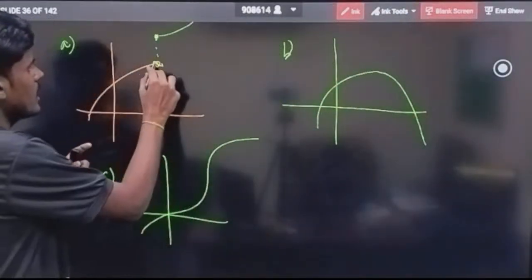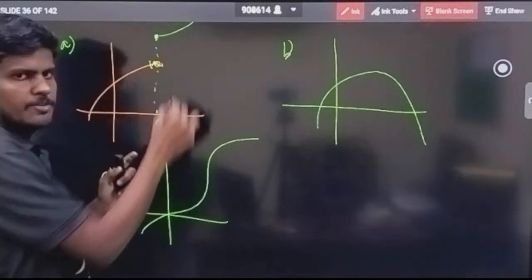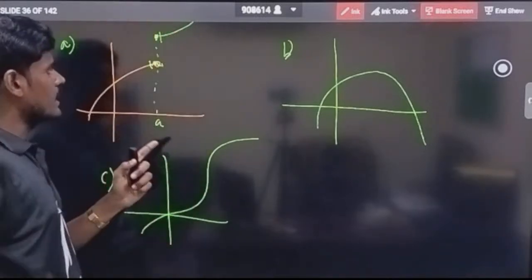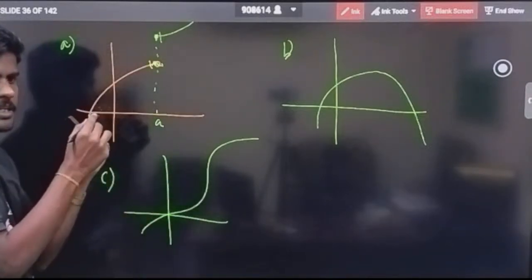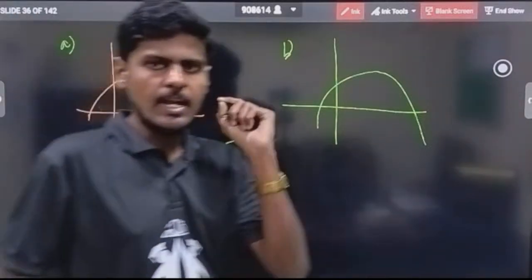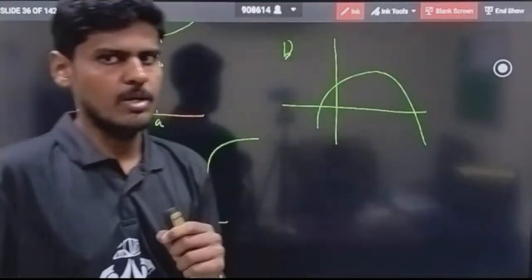So in the neighborhood of this point, this value is a neighborhood of A and this value will be another neighborhood of A. In this neighborhood, a tangent is a line that touches the curve at only one point. It should not intersect at more than one point.